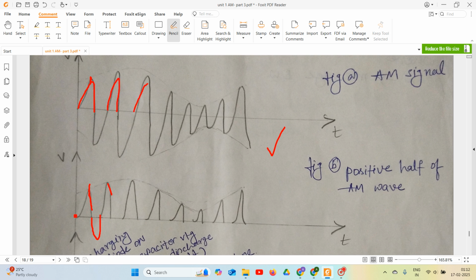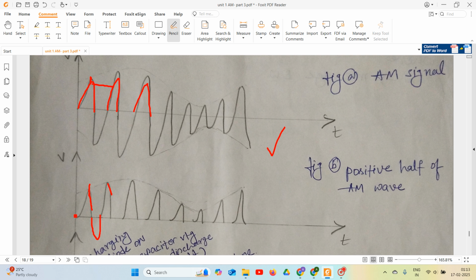So when the voltage increases up to the peak, your capacitor charges very quickly. When the modulated input signal decreases from this peak, it discharges very slowly, right?